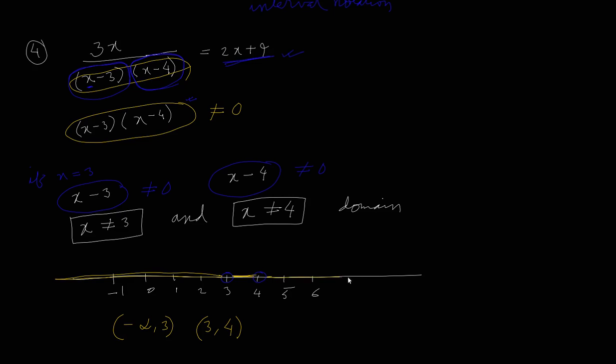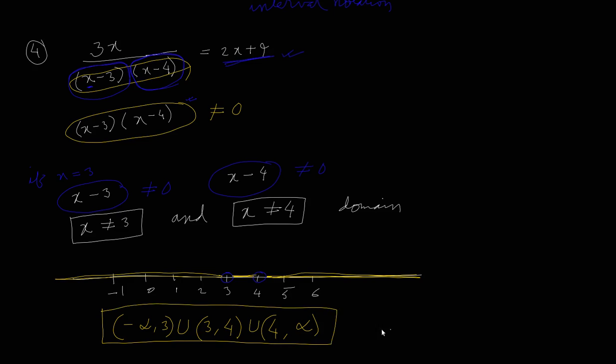The last portion is from 4 to infinity, and again 4 is excluded. How do I connect all this? I put a union sign. So this is the domain of this particular problem 4.